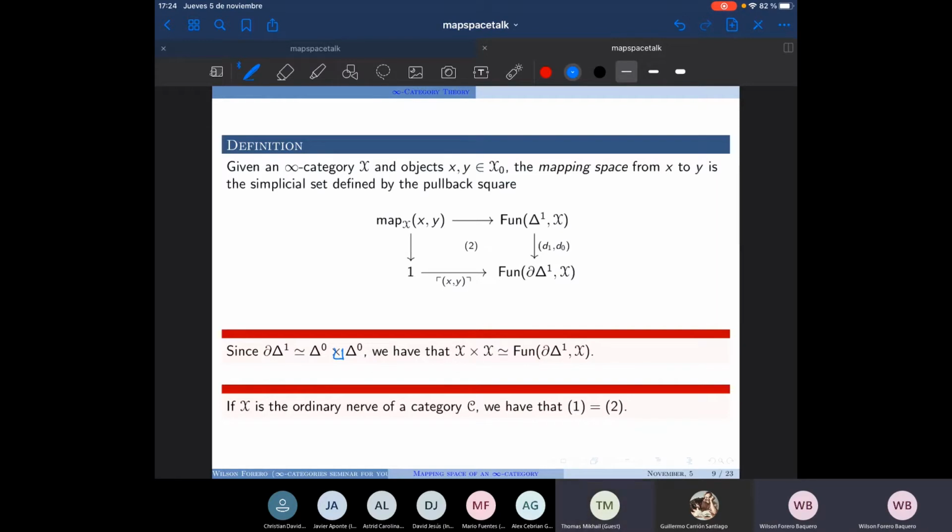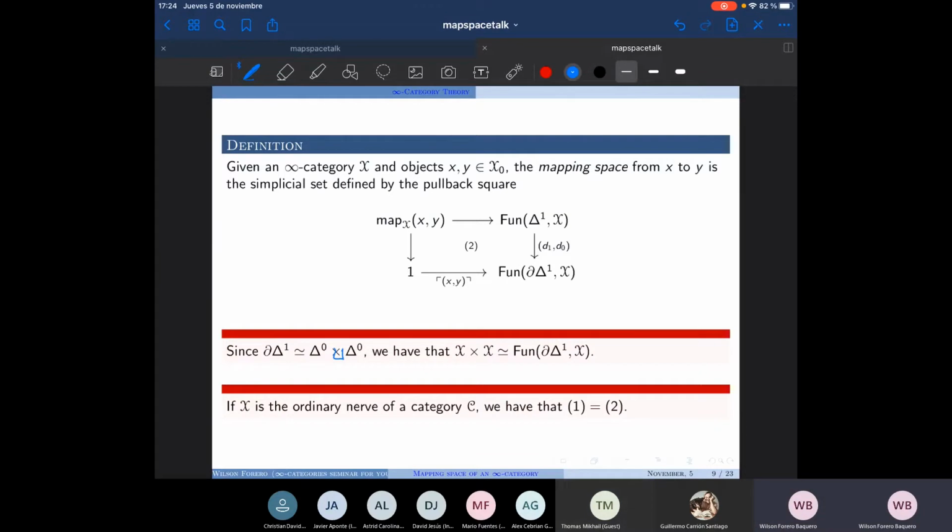Well, I think you just explained it: it's the coproduct, and when you apply the Hom, it turns into a product. Yes. Okay, thank you.